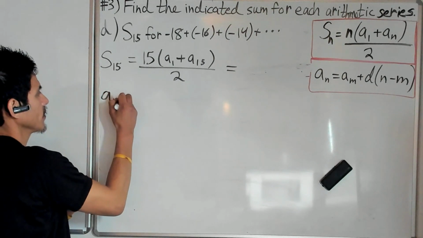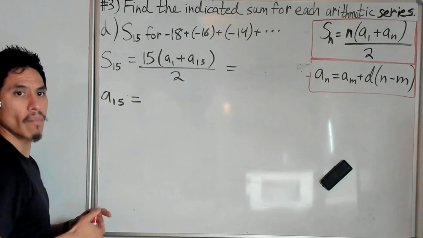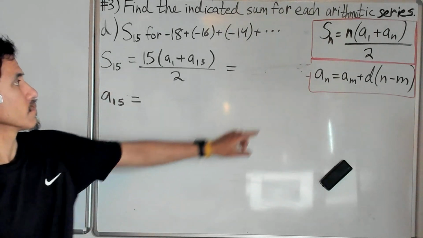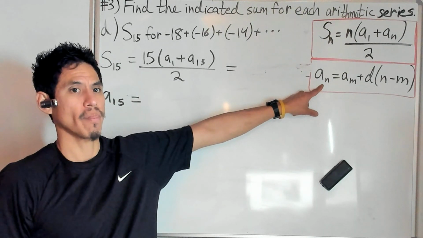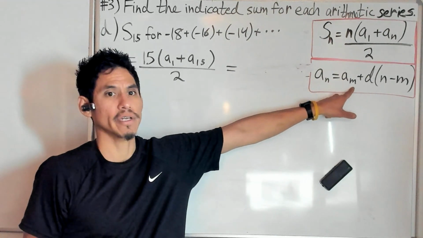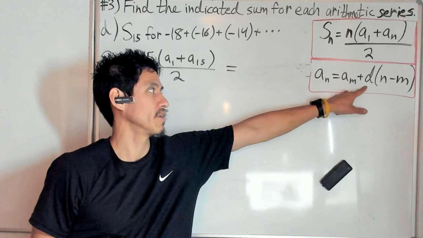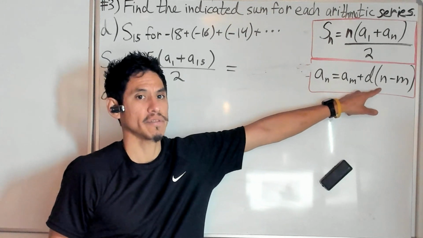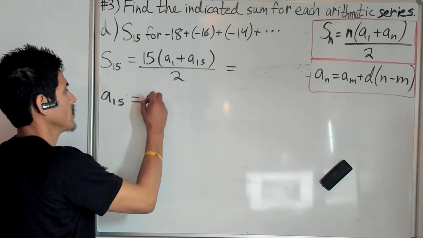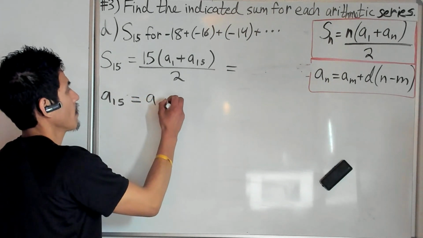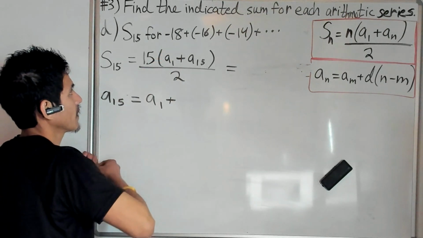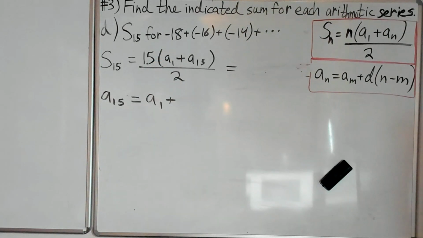So a15, we can use a1 again, plus our common difference d times 15 minus 1. So a1 plus d, it's decreasing by, no, it's increasing by 2. Whoa, whoa, whoa.